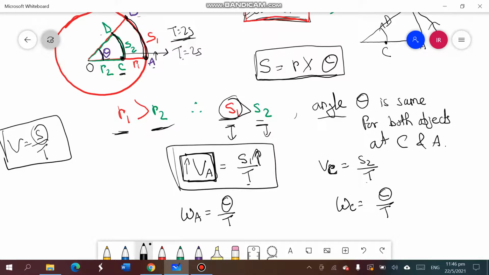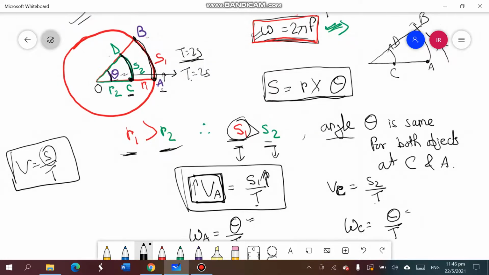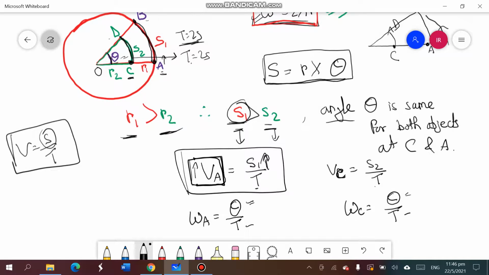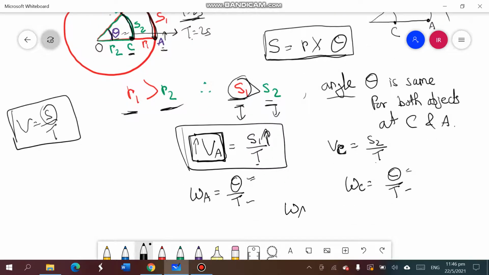Theta is the same, and they took the same time, so T is also the same. So the object at A and the object at C had the same angular velocity, but do they have the same linear velocity? No, they don't. They have different linear velocities but the same angular velocity.